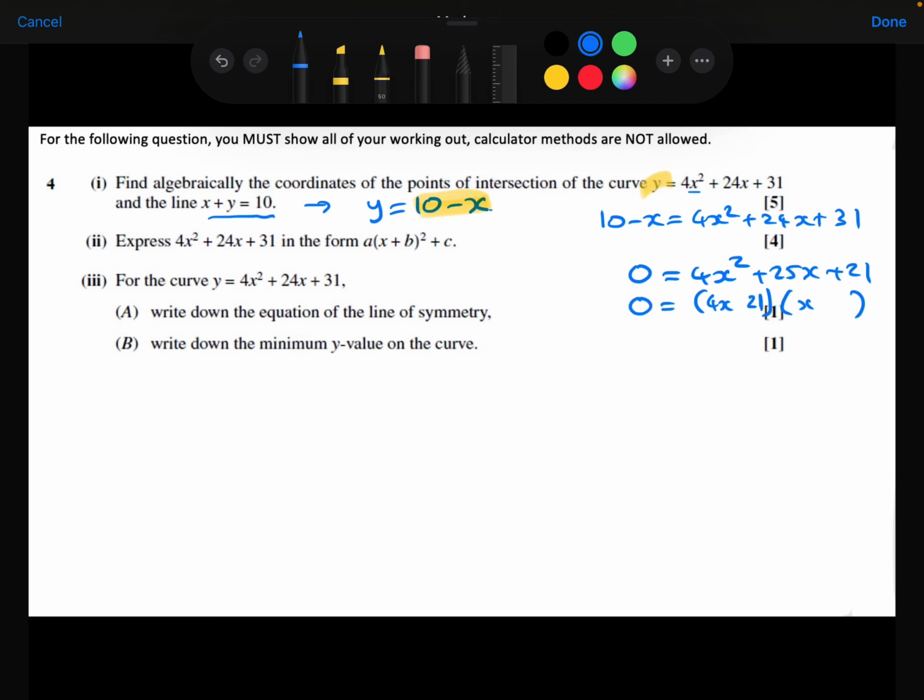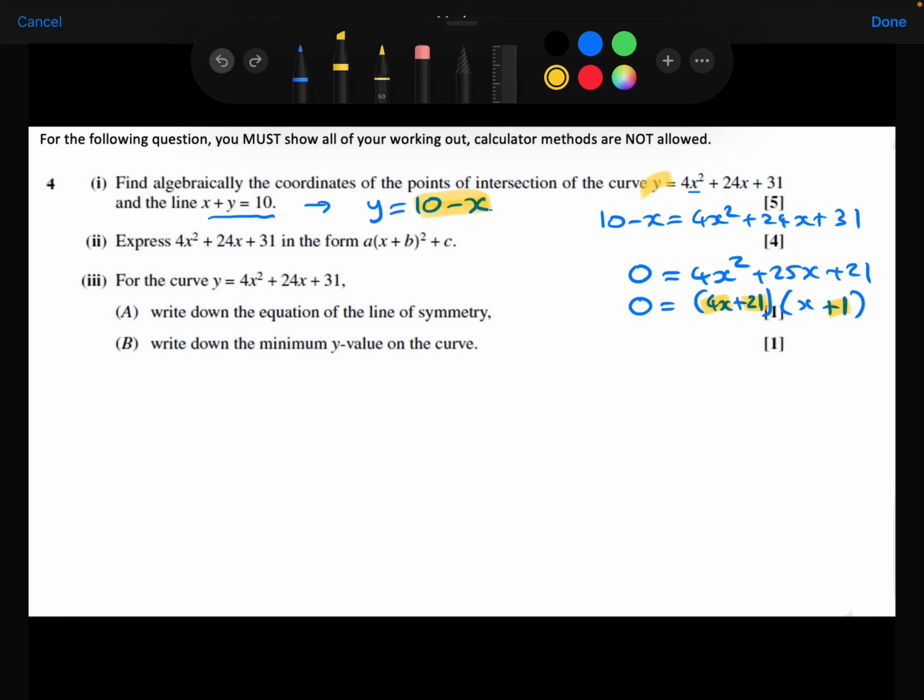If I put a 21 here and a 1 there, let's just check that. The 4x times the x gives the 4x squared, of course. The 21 times the 1 gives the 21, but crucially, the 4x times the 1 gives 4x, and the 21 times the x gives 21x, and the 4x and the 21x do give the 25x.